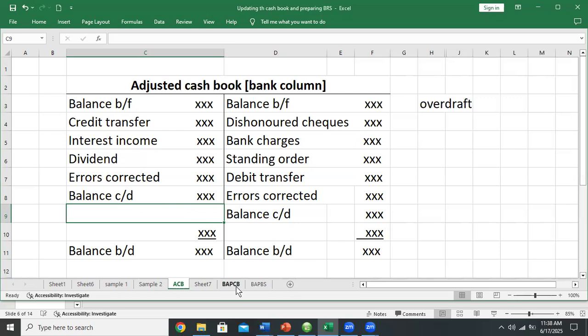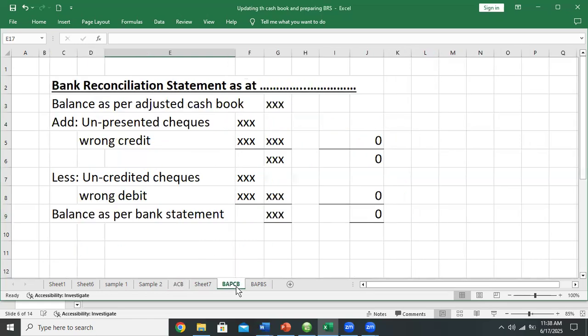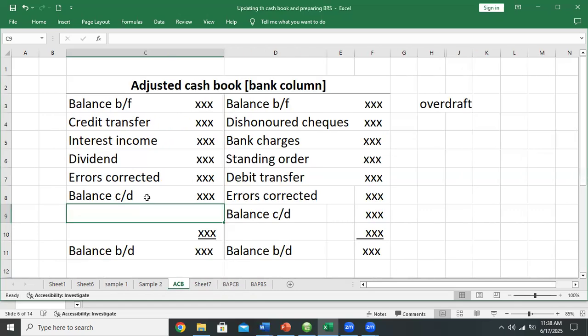So let me continue. Now, when you come to the reconciliation statement, professors, we have 4 formats. 1, 2, 3, 4. Now, the first 2 formats are based on a positive balance. And when I say a positive balance, it means that your cash book has its normal balance.